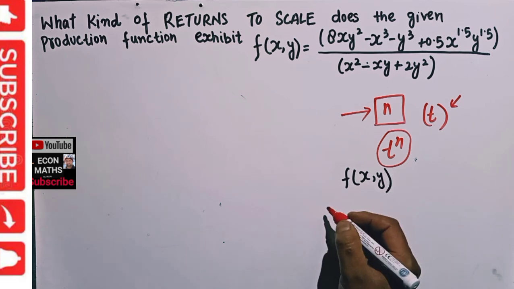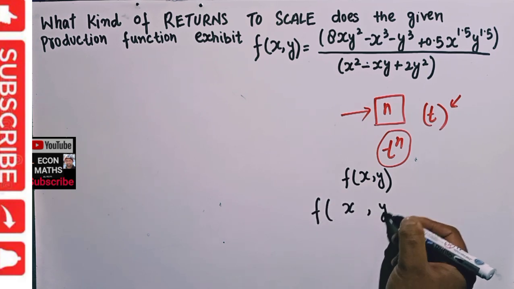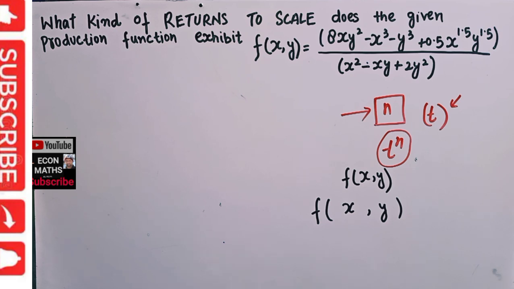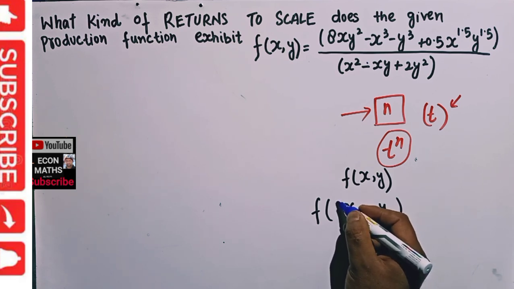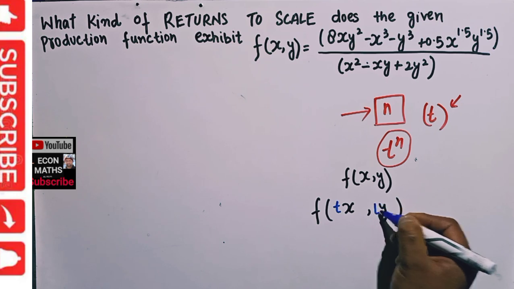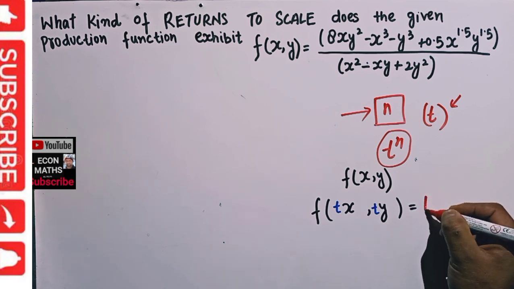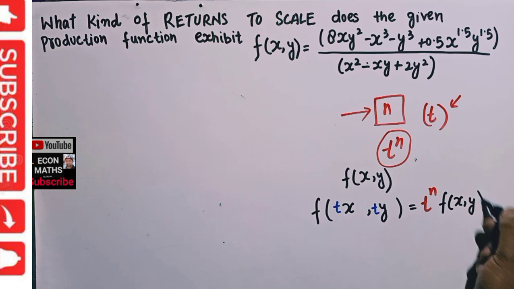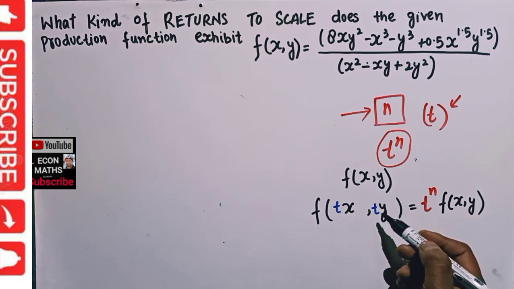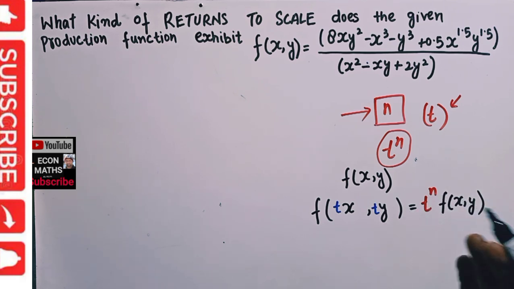Now if x is multiplied by a factor, let us say t, and y is also multiplied by factor t, that means each input is multiplied by factor t, and if the output increases by the factor t raised to the power n, we say the given production function is homogeneous.